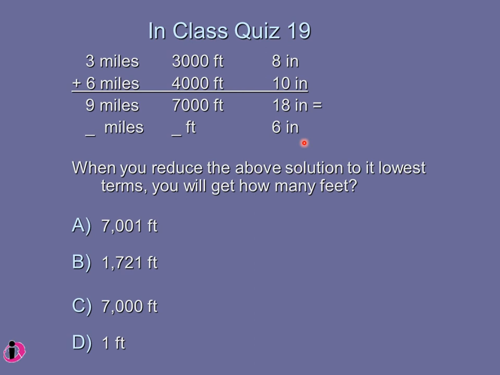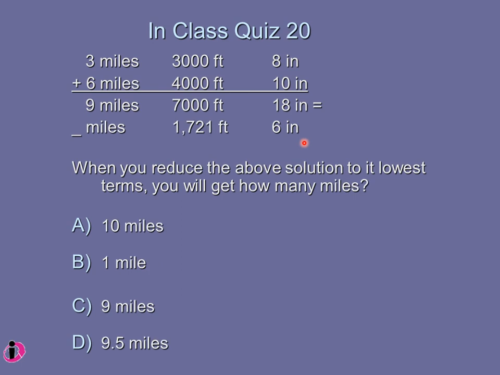So you subtract this. After you subtract, you will be left with 1,721 feet. So 1,721 feet will be your feet, and you will again get 1 mile from here, which will be added to your miles column, and that will become 10 miles, which probably is the next answer, right?